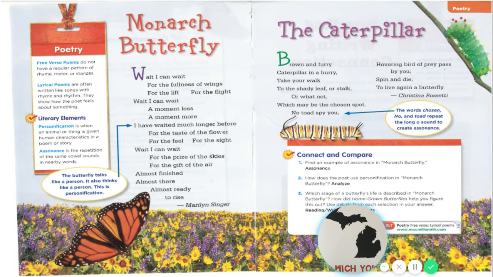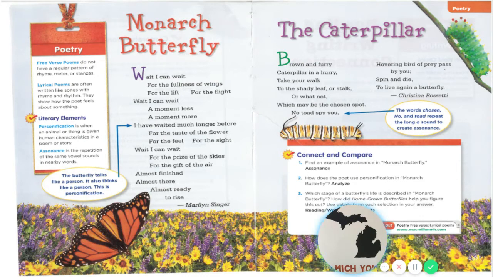There are several different forms of poetry, but today's is free verse poetry. They don't have a regular pattern, a rhyme, a meter, or stanzas. Someone is just putting their words down to share their thoughts and feelings, and they don't necessarily have a complete structure, and that's why they're called free verse.